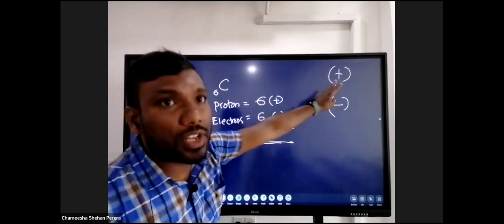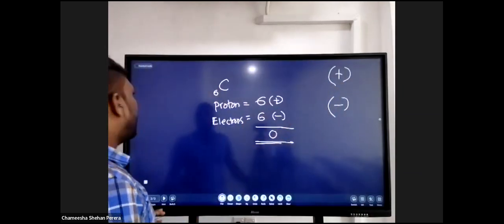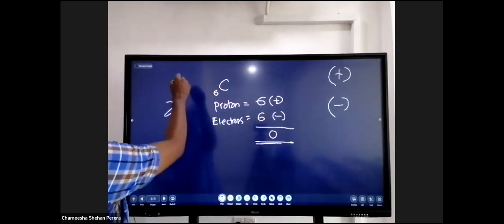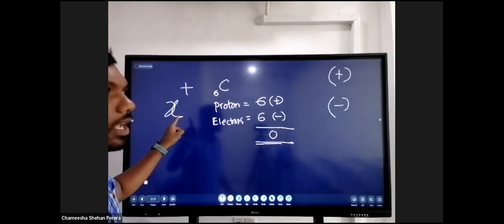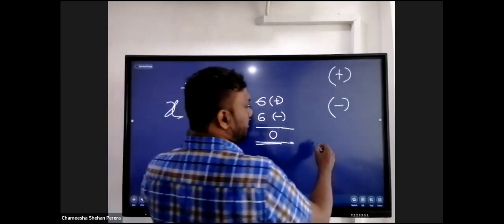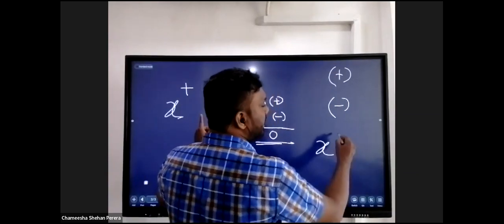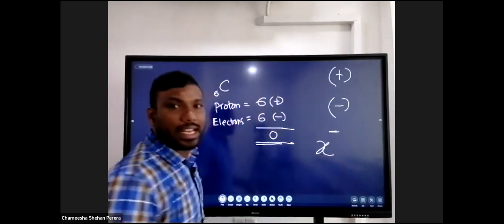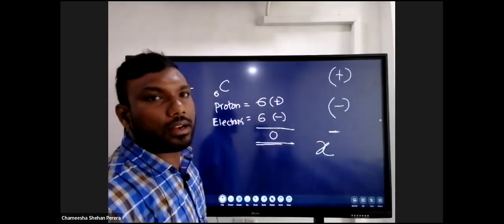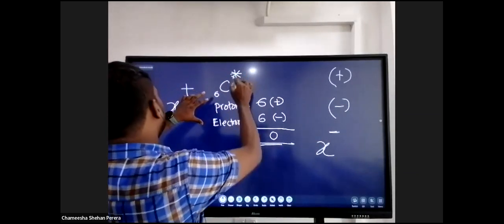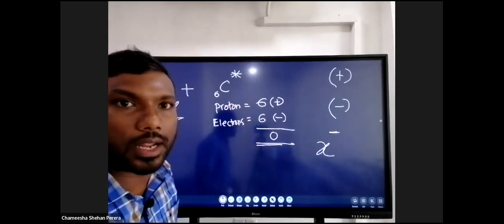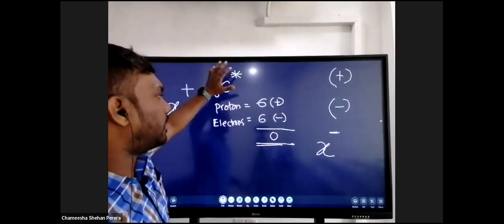If it's a positively charged atom, the atom will be indicated with a positivity on the right hand top corner. If it is a negatively charged atom, the atom will be indicated with a negativity on the top right hand corner. That's why I said look at this right hand top corner. If it has nothing, the atom is neutral.